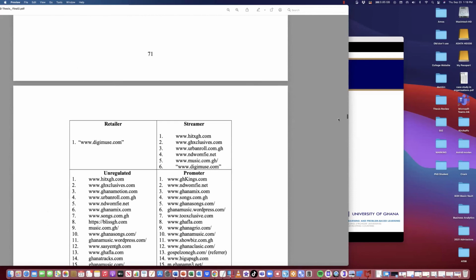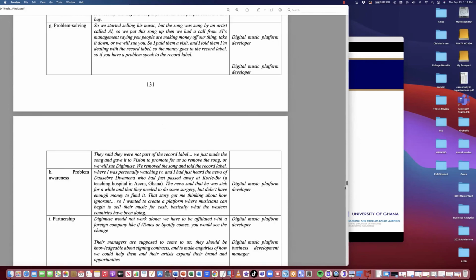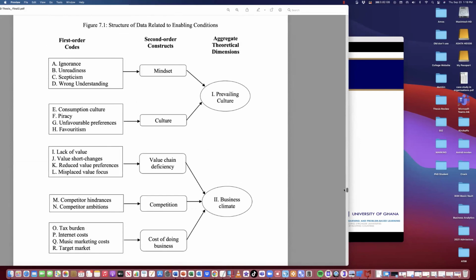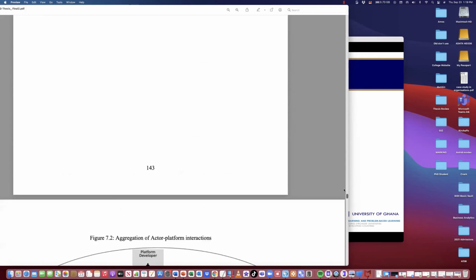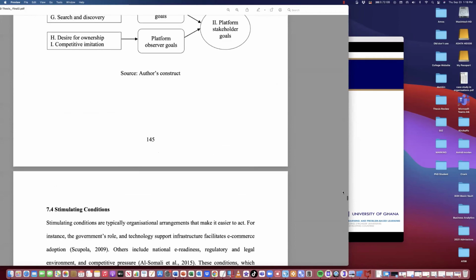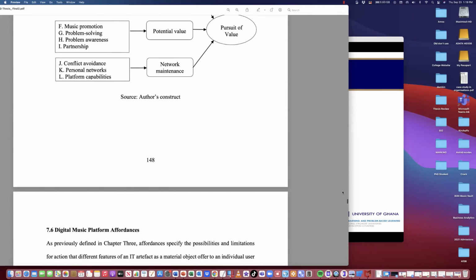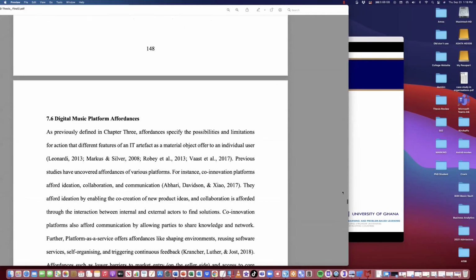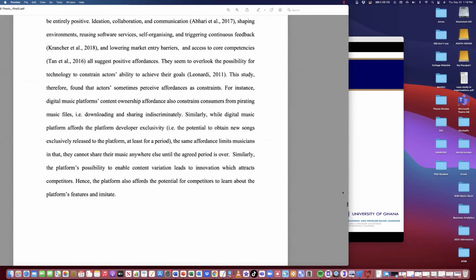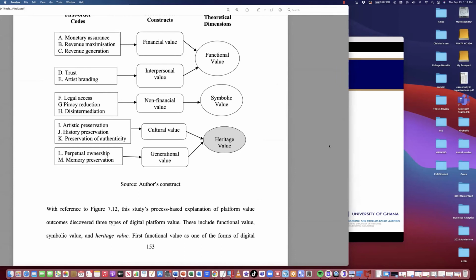If you go back to Joseph's work, in the value part, the functional came from the thesis itself, and the symbolic came from the thesis itself. The heritage was generated.